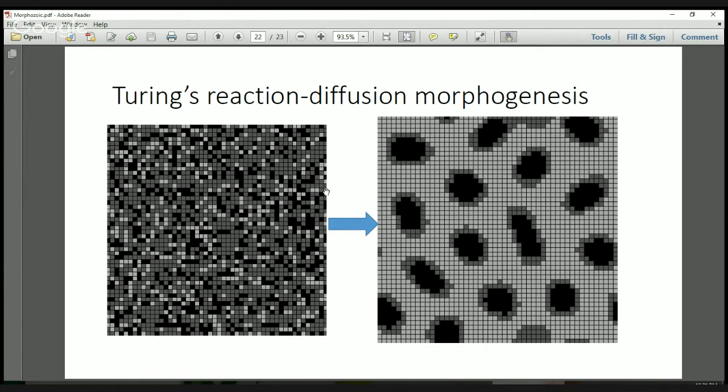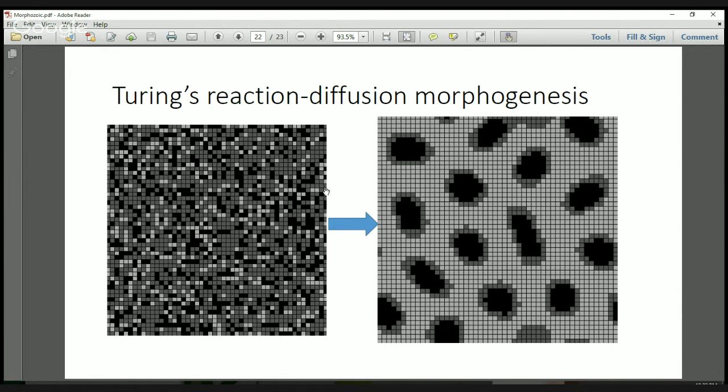Turing's reaction diffusion has two quantities that dynamically interact with each other through a couple of equations. So if you set a couple of parameter constants, it will produce a number of different patterns.